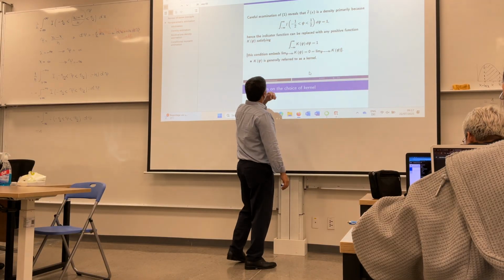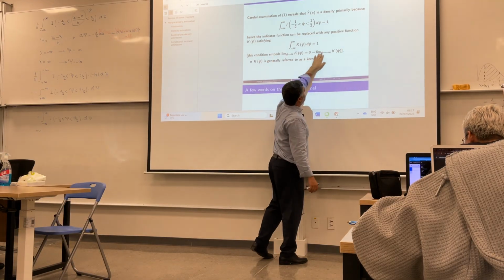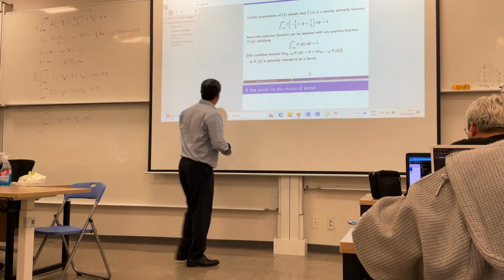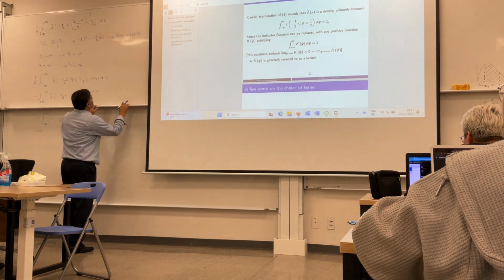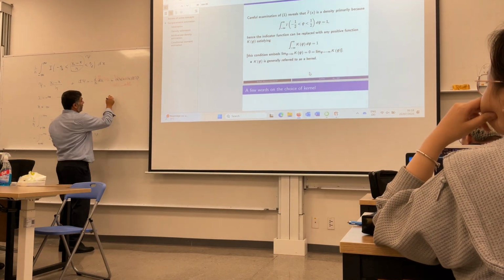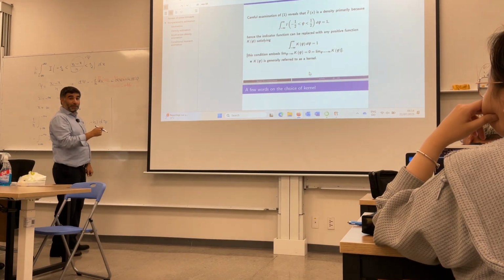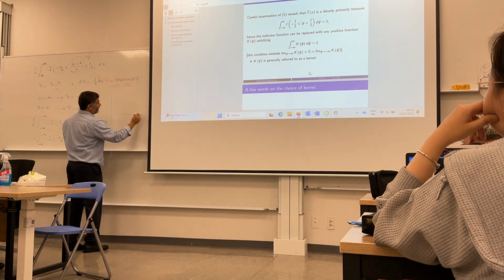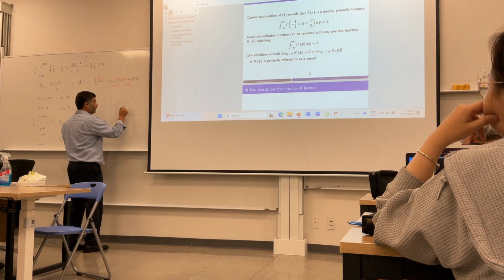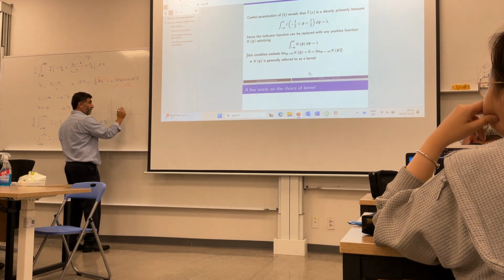It is also important to keep in mind that this kernel function, because the area below it is 1, necessarily must be in such a way that the tails are very thin.